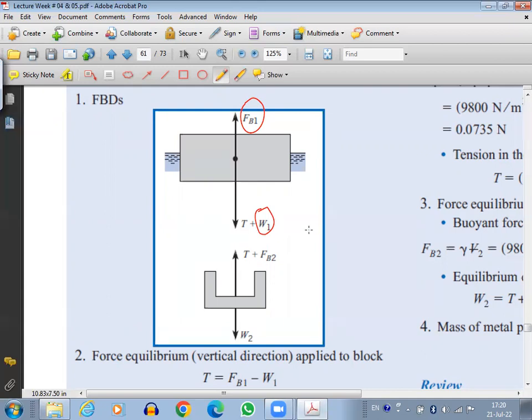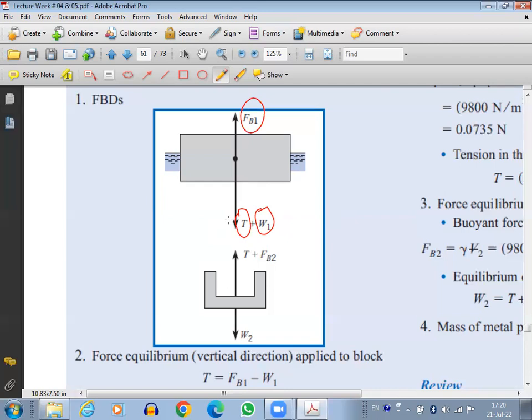The tension in the cord, because this cord is going on the downward side, it's trying to pull the wooden block down. That's why tension is also on the downward side. So two forces down, one force up, and this is in equilibrium because it's neither going down nor going up.